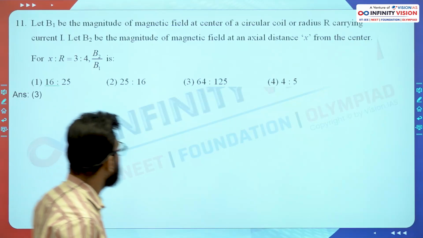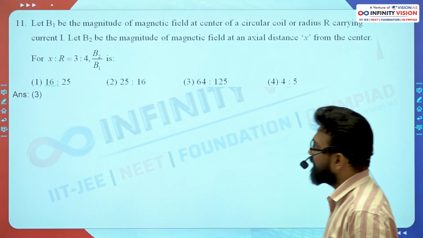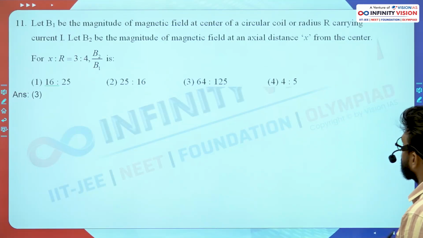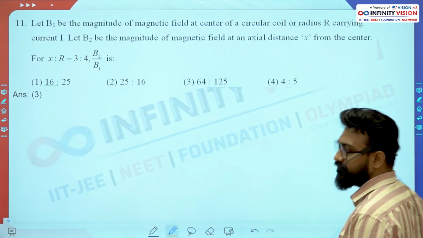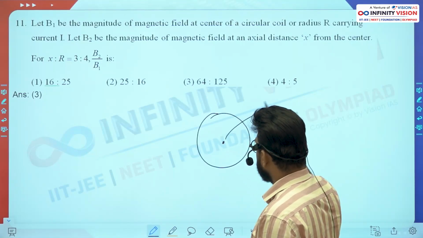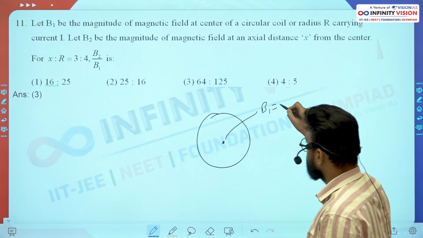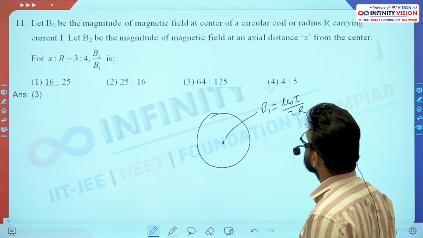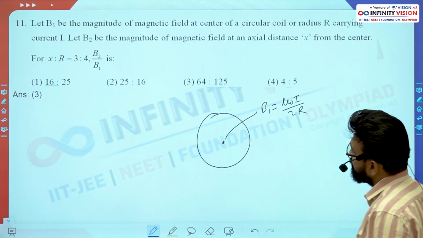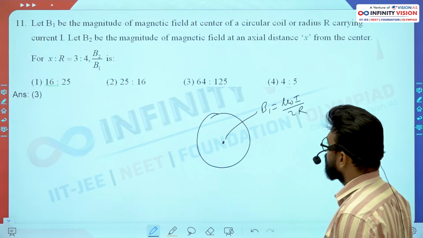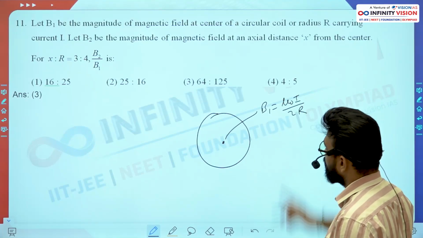Next, let B1 be the magnitude of magnetic field at the center of the circular coil of radius R. At this particular point, B1 the magnetic field is mu naught I by 2R. It is having current I and radius R, so magnetic field at the center would be mu naught I by 2R.